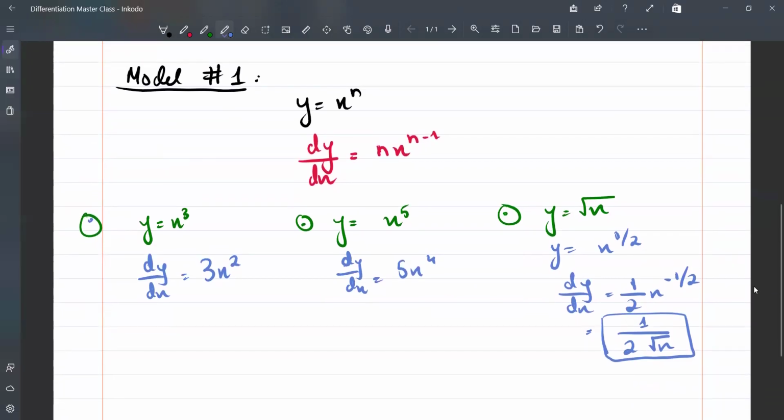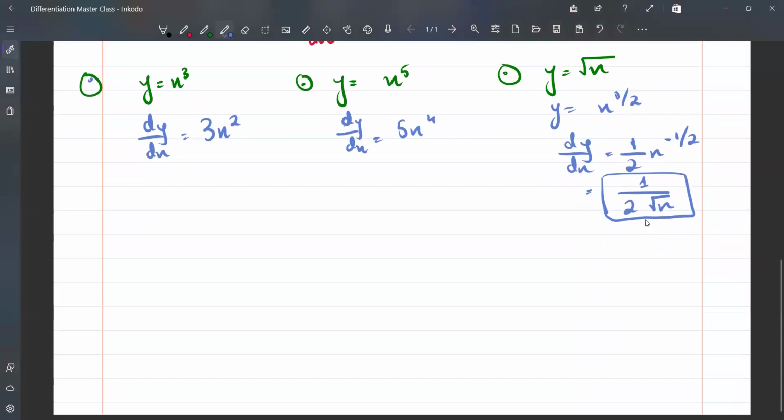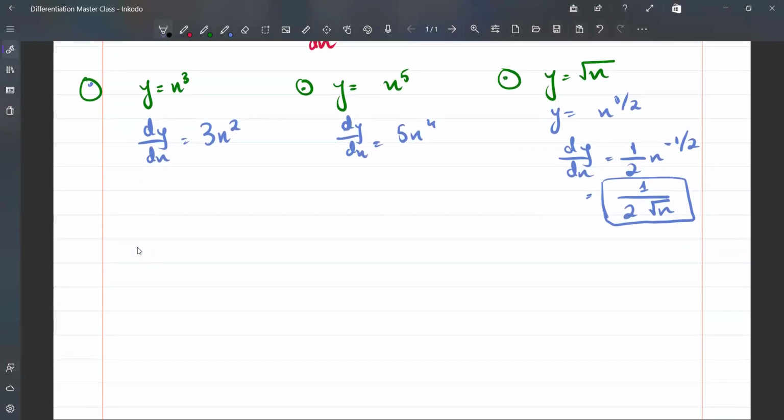Now 26 models to go. Model number 2 is simply an extension of the first model.